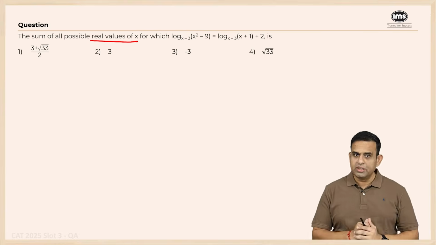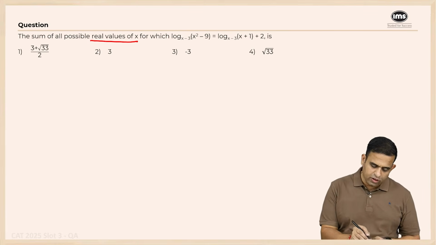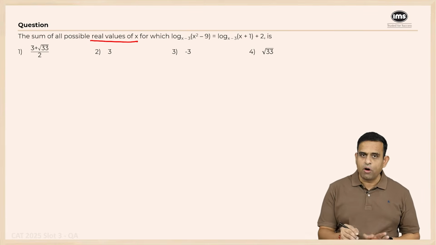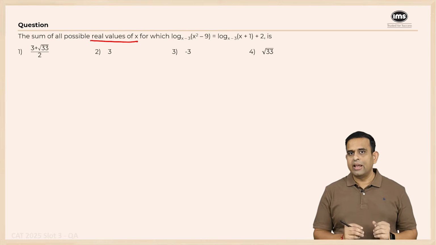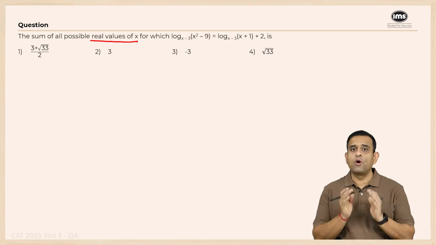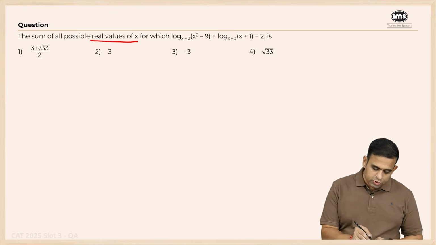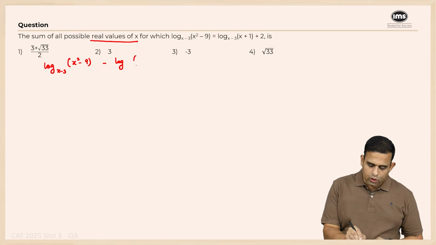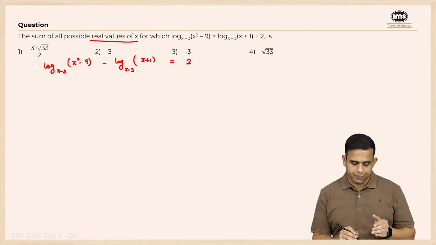So what we can do in this particular context, understand first of all, if I bring the two log terms on the same side, then I can apply that log of m minus log of n will be equal to log of m by n. So over here, I represent log of x square minus 9 to the base x minus 3, minus log of x plus 1 to the base x minus 3, equal to 2 over here.